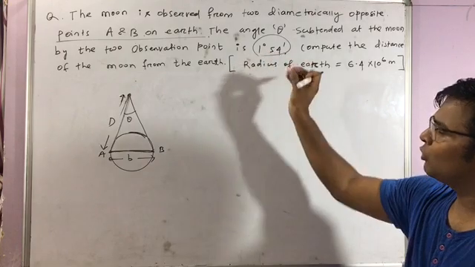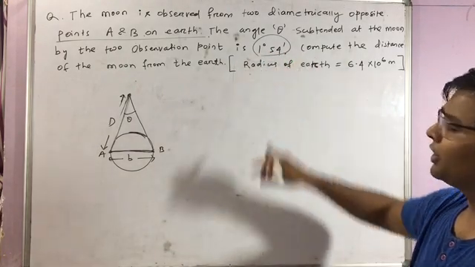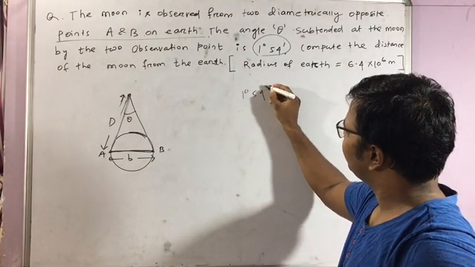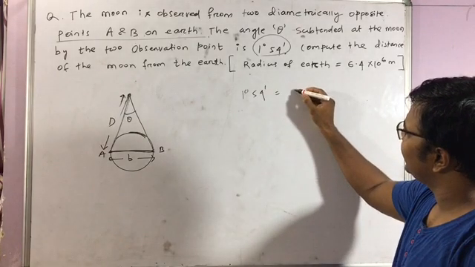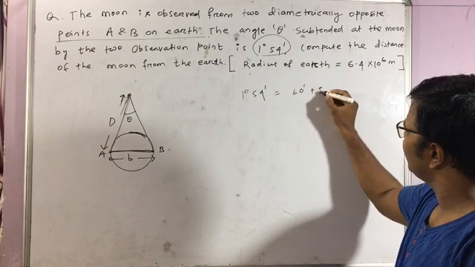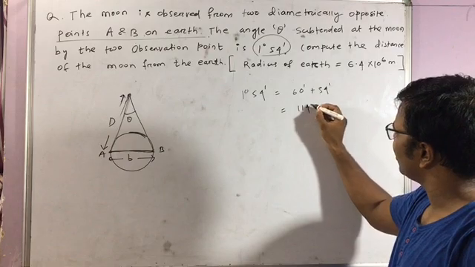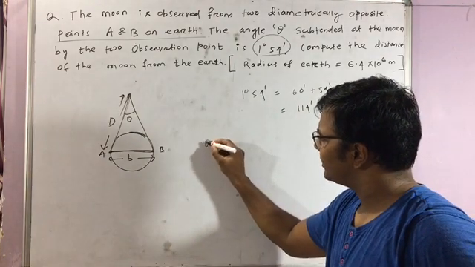Since degree and minute are both combined, either we have to convert it into degree or into minute. So 1 degree 54 minute is equal to how much? 1 degree is 60 minute plus 54 minute, which is how much? So 114 minute. Clear?